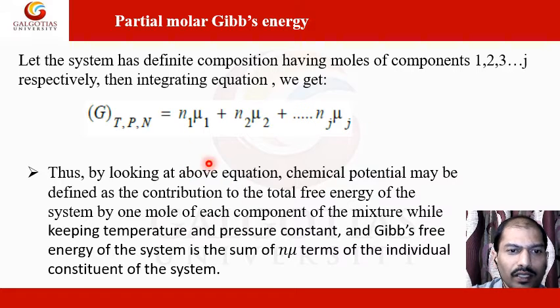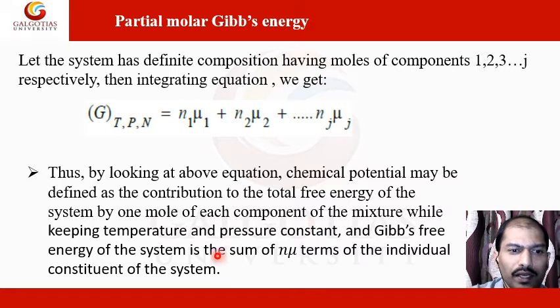Thus, by looking at this equation, we can define the chemical potential as the contribution to the total free energy of the system by 1 mole of each component of the mixture while keeping the temperature and pressure constant.